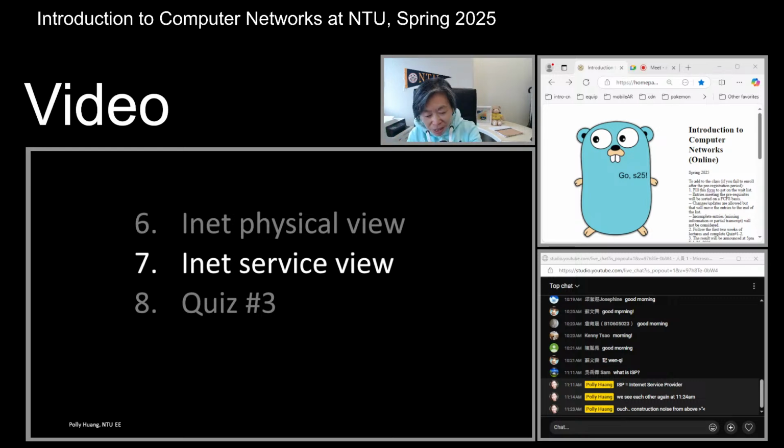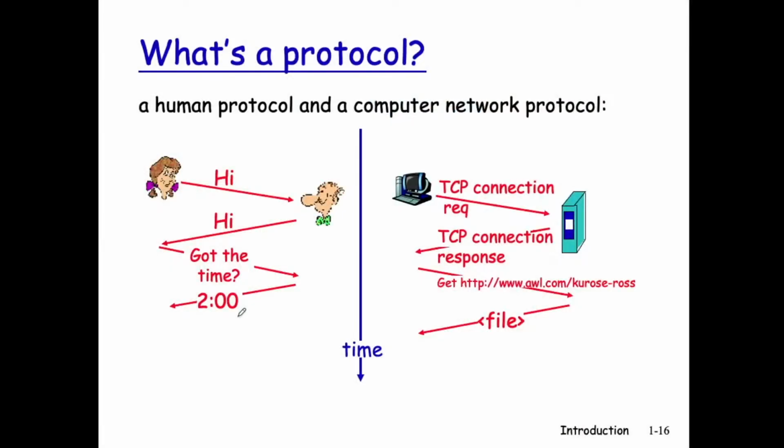Okay, so here's the video to explain, and you will see in the video two examples. One is a human communication protocol. The other is a computer communication protocol. This is so that I can impress you more about this term protocol.